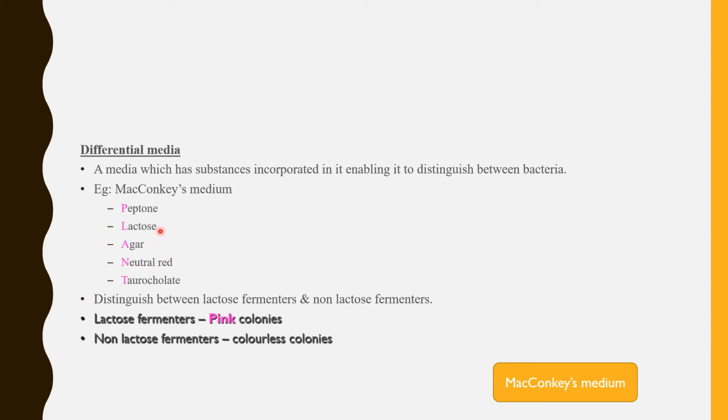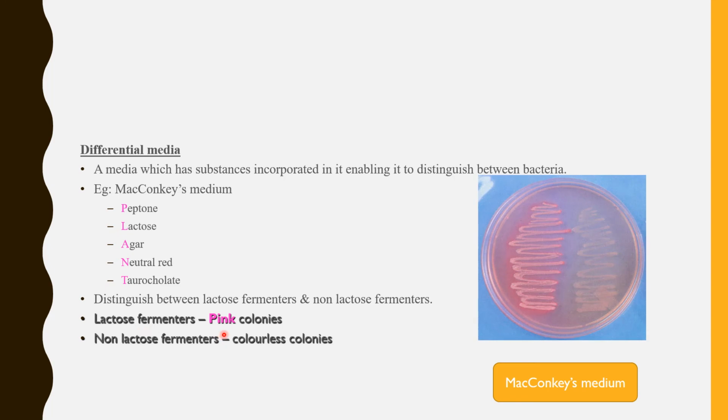So when bacterium start growing, if the bacteria are lactose fermenters, they will ferment the lactose, utilize it and produce acid and CO2. Acid will turn the indicator into the pink color. If the organism is a lactose fermenter, it will form pink color colonies like this, and if the organism is a non-lactose fermenter, it will form colorless or pale color colony like this.